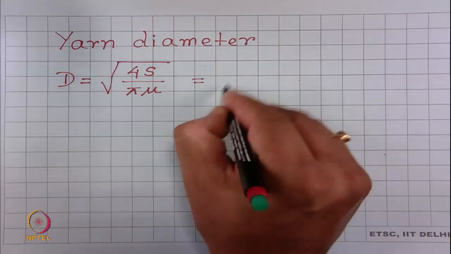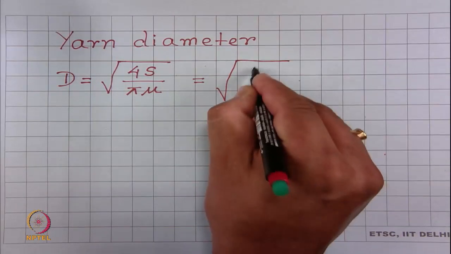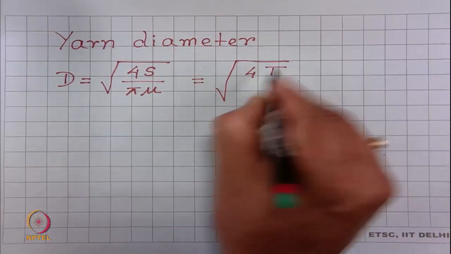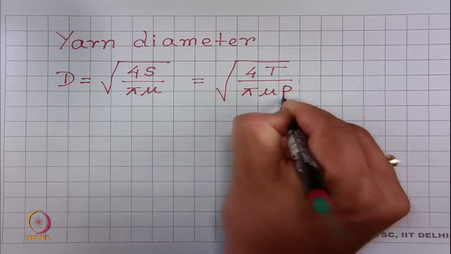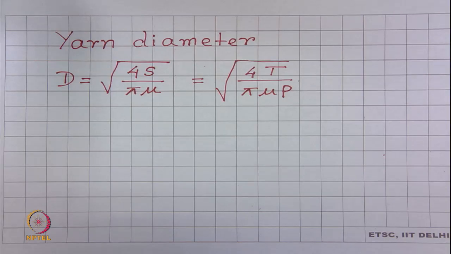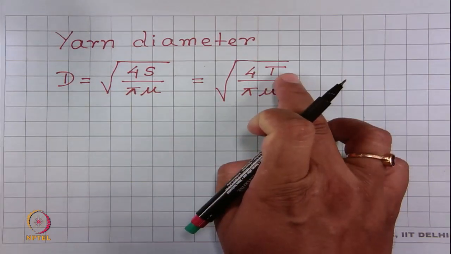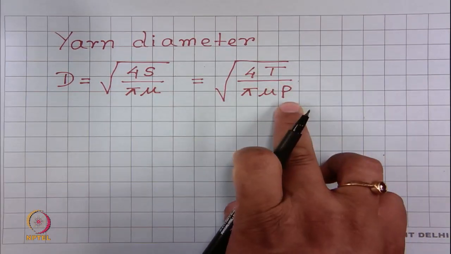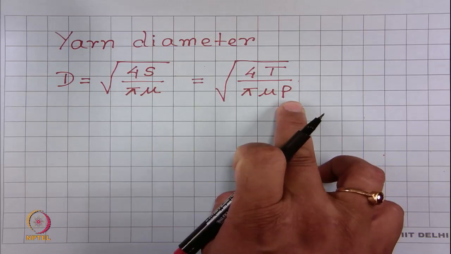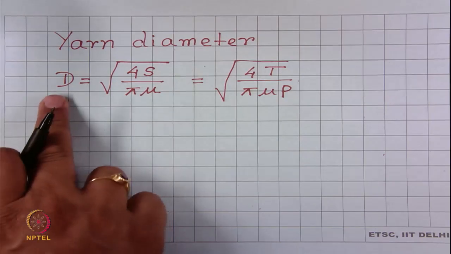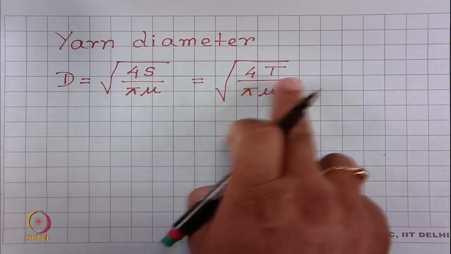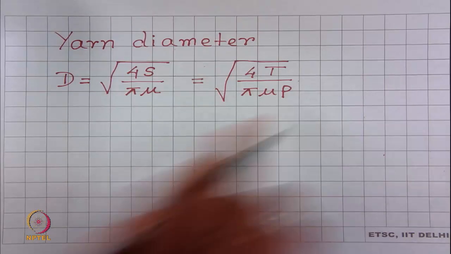So, if we substitute that, 4 T by pi mu rho. So, T is here yarn fineness in direct count, rho is here fiber density. So, yarn diameter is equal to root over 4 into T by pi into mu into rho.